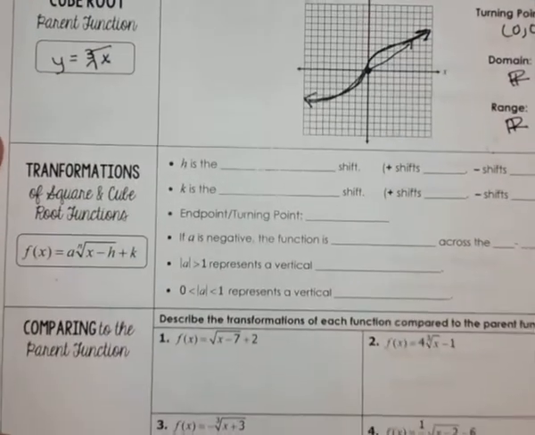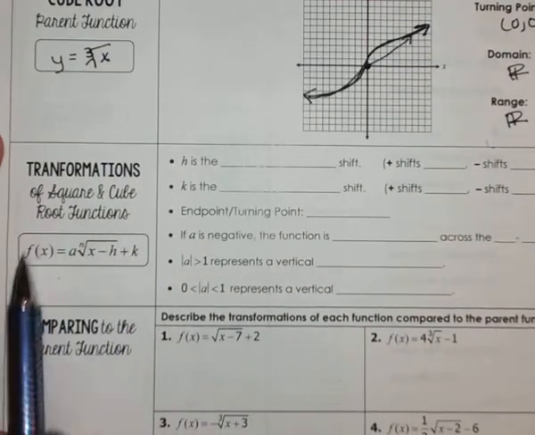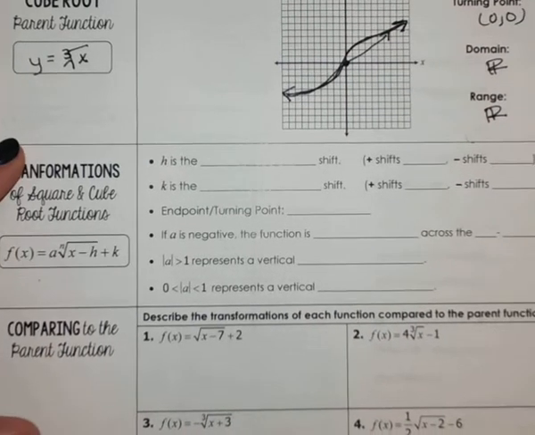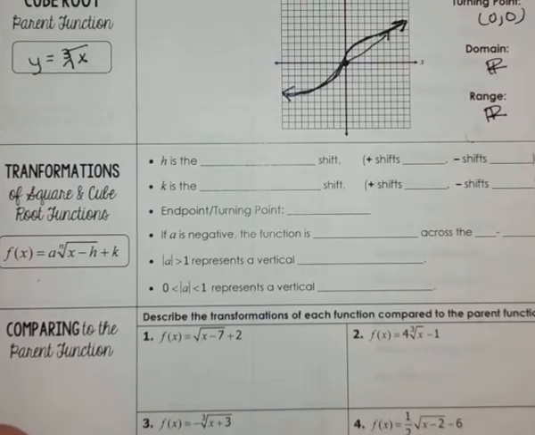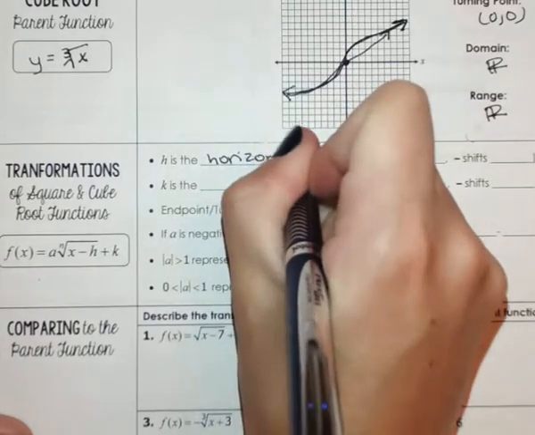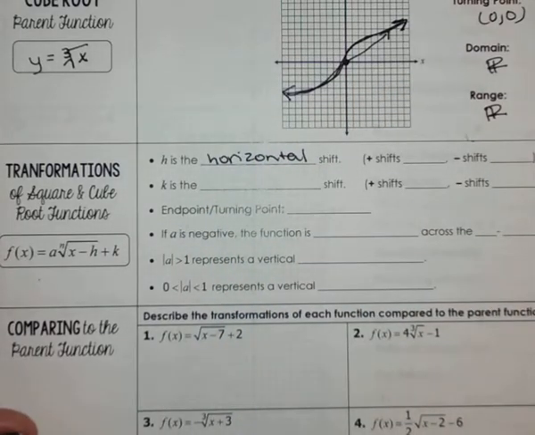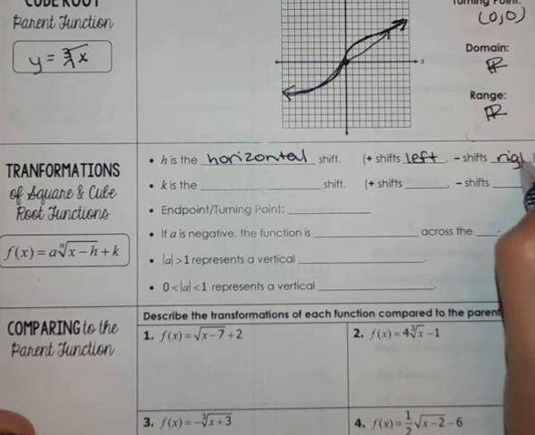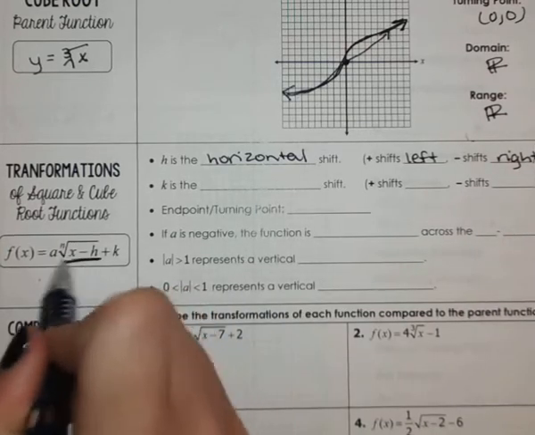Alright, so for this, here are the transformations that we're looking at. They are actually the exact same as the quadratics that we did in Unit 1. So the h is going to be the horizontal shift. If it's plus, it actually shifts left, and if it's minus, it shifts right. That's whatever's inside the function.